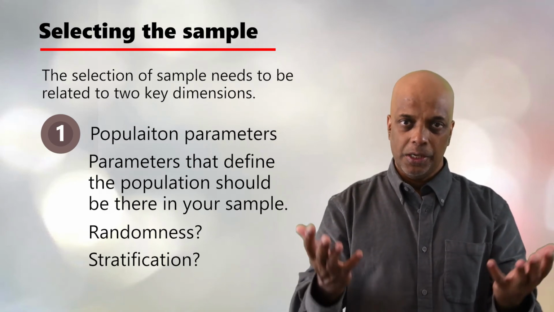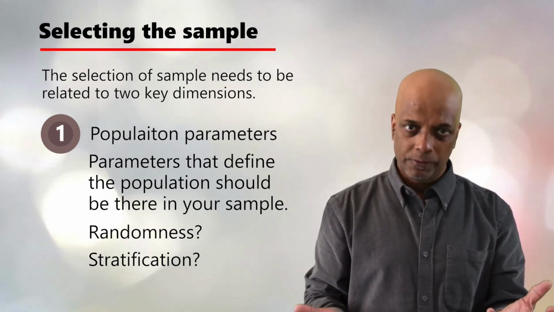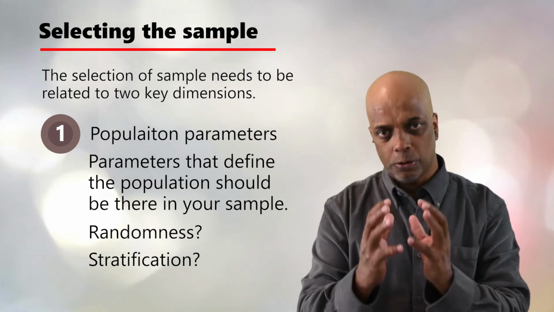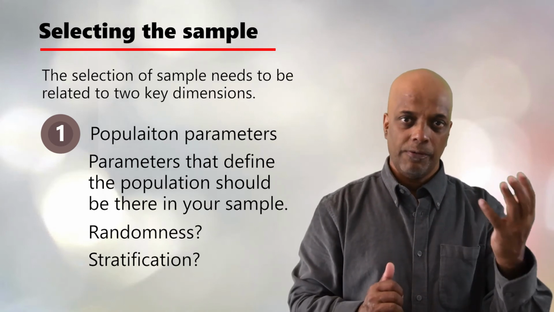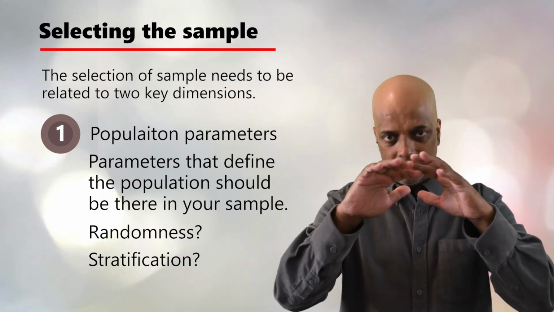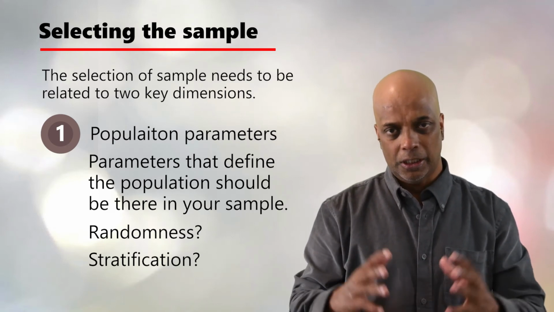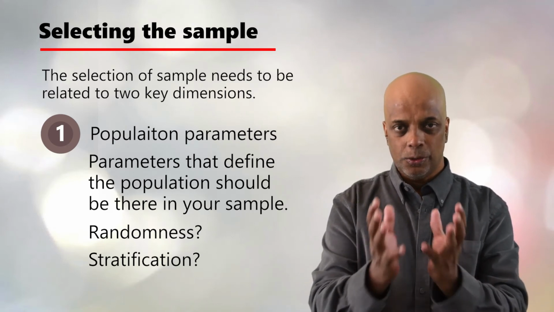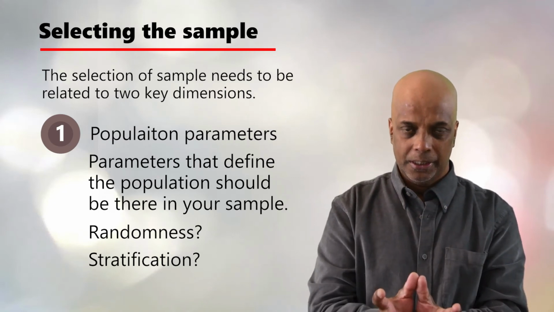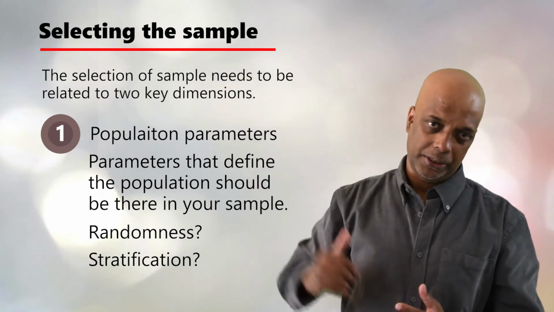For example, if you understand that your population is composed of 50% male and 50% female, then your sample should also be composed of 50% male and 50% female. So that is a stratified or structured sample. In a broader sense, your sample should manifest and represent the specific parameters that define the population.